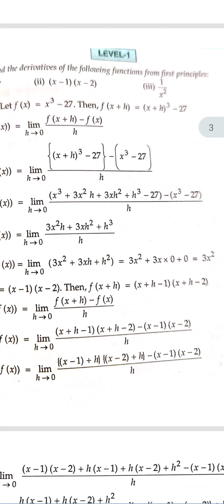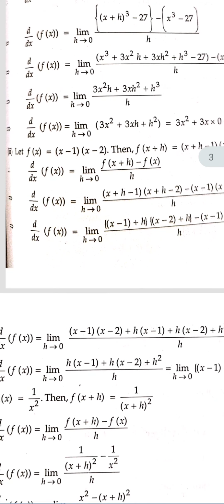On cancellation of x cube and 27, we are left with 3x square h plus 3xh square plus h cube upon h. Take h common and cancel. We get the function as 3x square plus 3xh plus h square. Put h is equal to 0. The answer is, derivative of x cube minus 27 is 3x square.